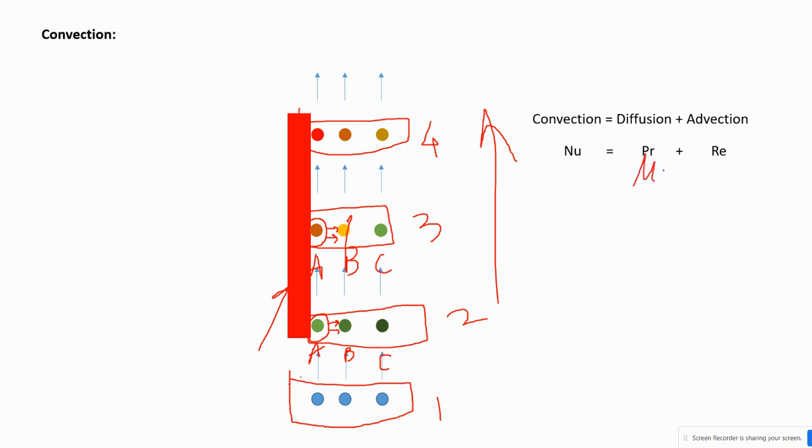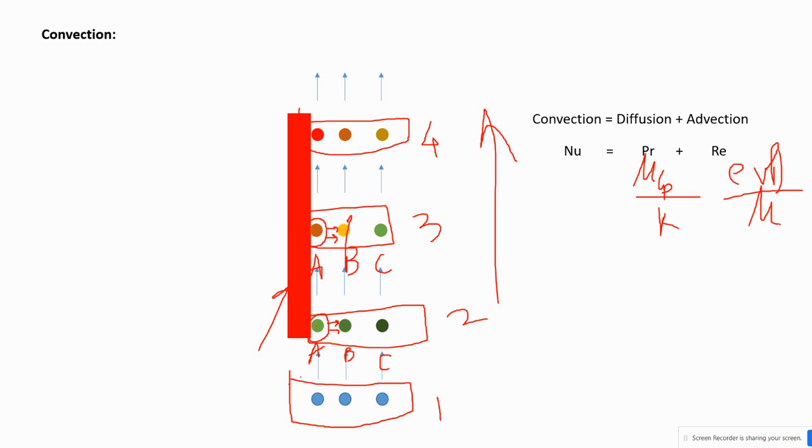This is majorly the diffusion part. On the other hand, this is the advection part, rho V d by mu, so rho V d by mu is the part of advection.